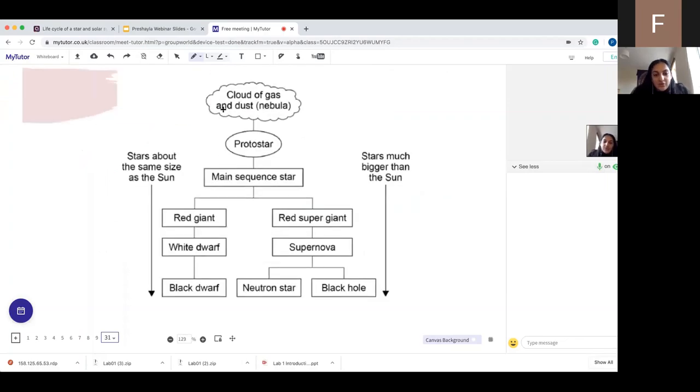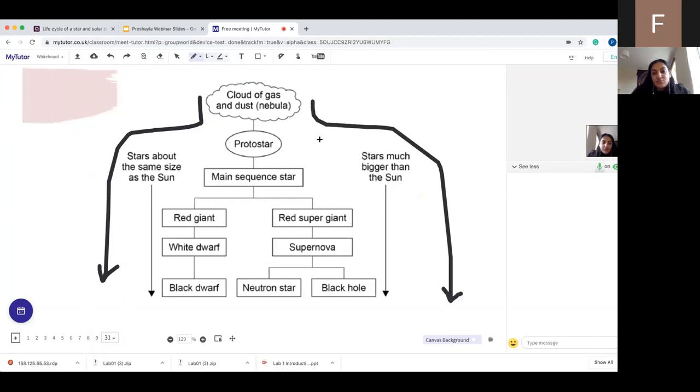So if you follow the left-hand path of the diagram, this is the general life cycle for a star about the same size as the sun. If you follow the right-hand side, it's the life cycle for stars much bigger than the sun. So you can see that no matter what, it always starts off as a nebula and it always goes to a protostar.